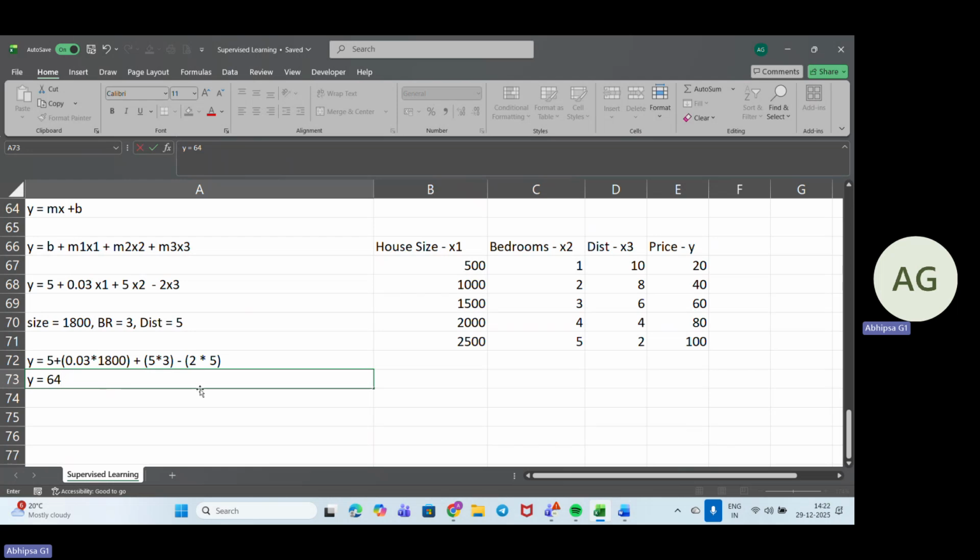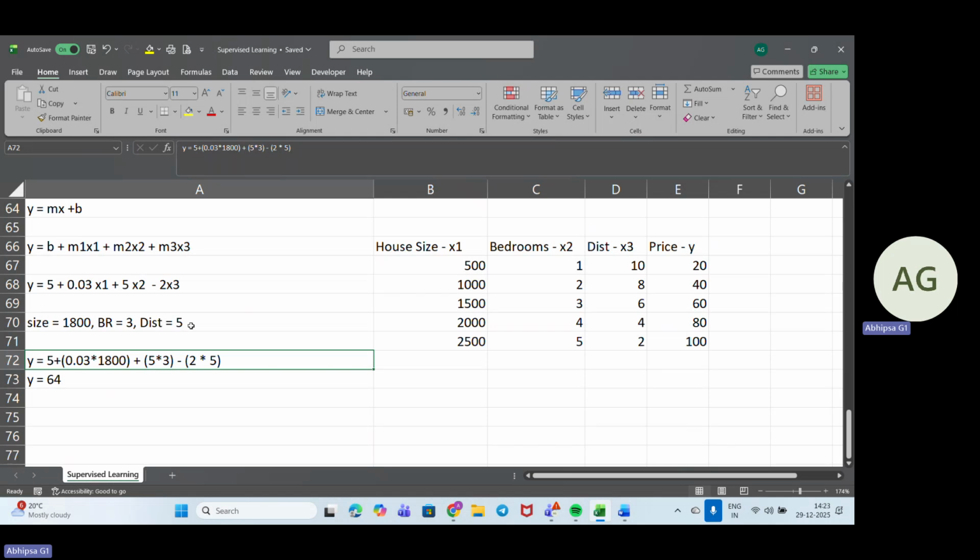Okay. So here you can see why there is this minus sign. Because the bigger distance is lesser in demand, right? So we have taken the distance around 5. The distance from the place you are staying, the house you are having, to the city is around 5 kilometers, right?